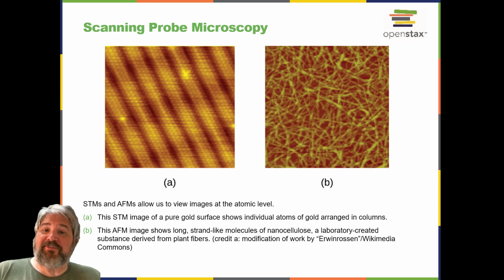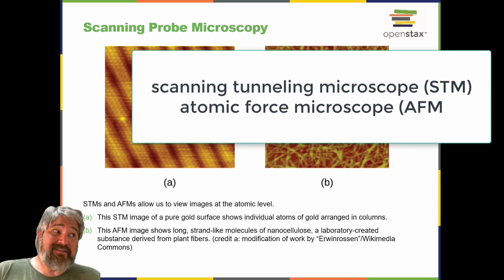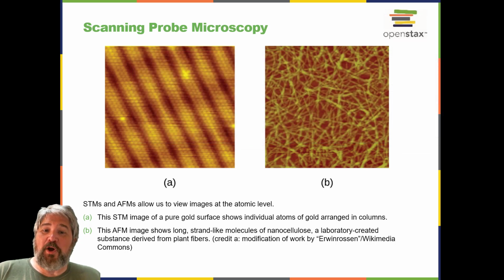There are two types of scanning probe microscopes: the scanning tunneling microscope, STM, and the atomic force microscope, AFM. An STM uses a probe that is passed just above the specimen at a constant voltage bias, which creates the potential for an electric current between the probe and the specimen.